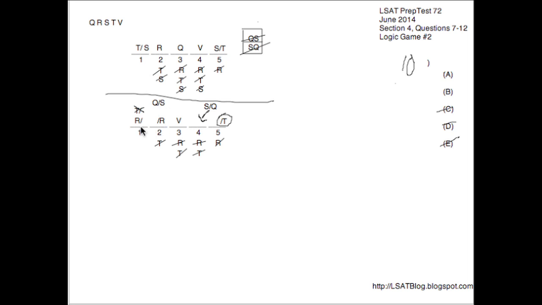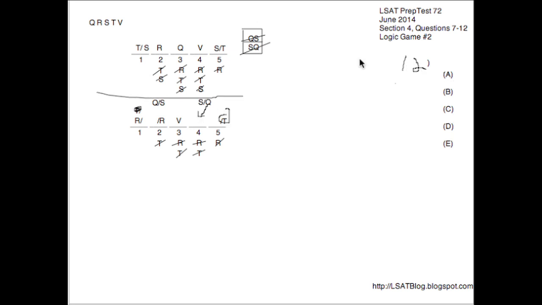So could we have Q on 1? Yes, we could have Q, R, V, S, T on 1 to 5, and that would work out perfectly fine, no issues at all, giving us A is our answer for number 10.